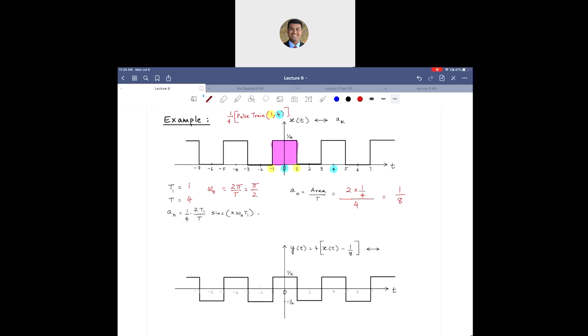I get 1 over 4, 2t1 divided by t, sinc k omega naught t1. So you simplify this, what do you get? You have 1 over 8 and sinc k pi over 2.